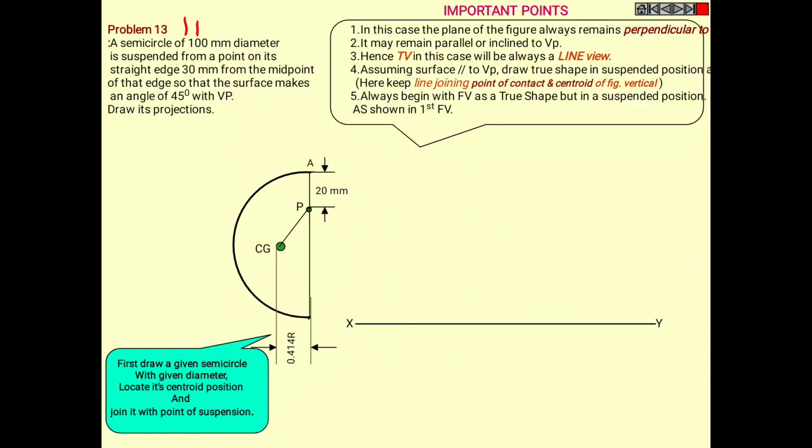Now draw the xy axis line. P dash C G, which is suspended.